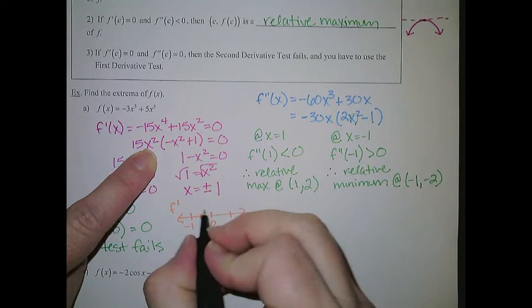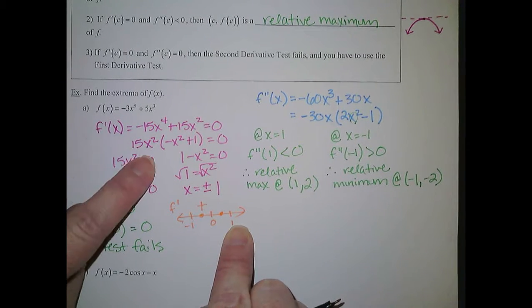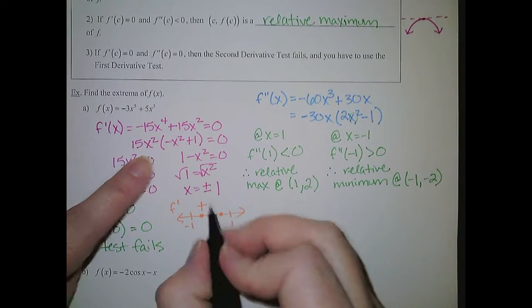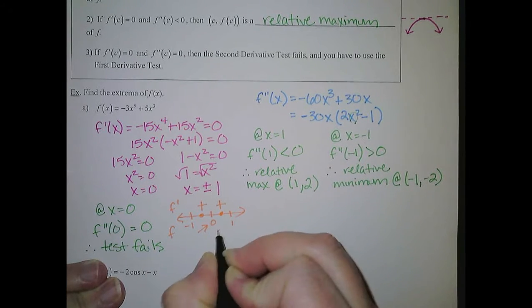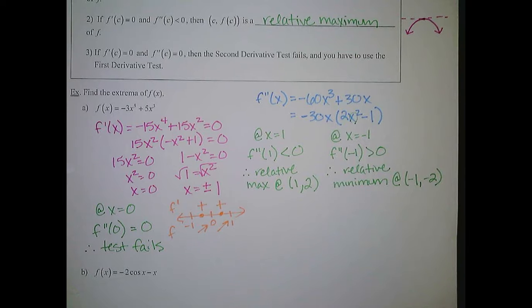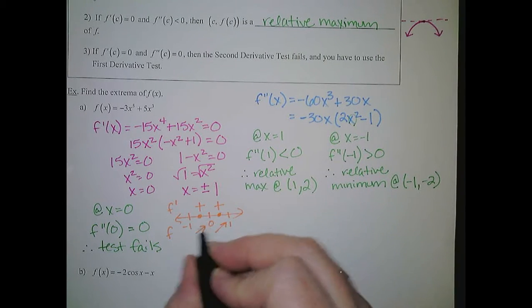It's going to give me a positive. If I plug in a value between 0 and positive 1, I'm going to have a positive number times a positive number, which tells me that my function is increasing, and then after 0, it will continue to increase. So we don't have either a maximum or a minimum at this point.